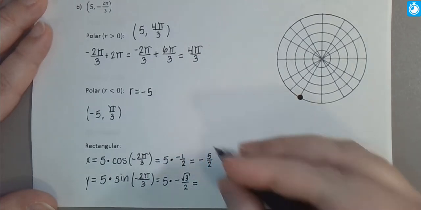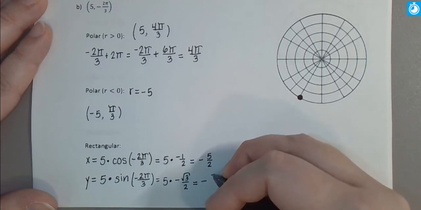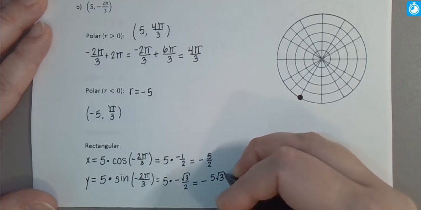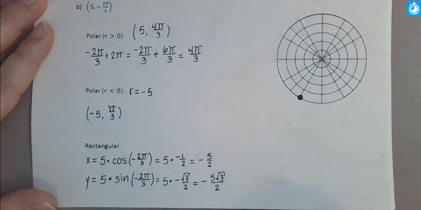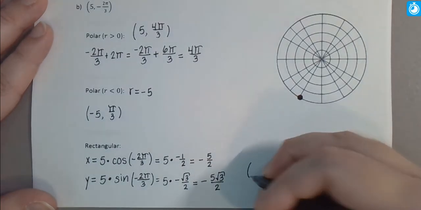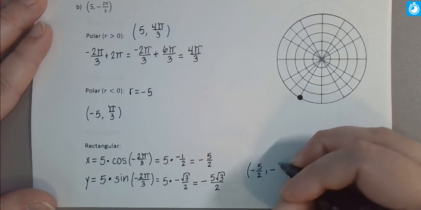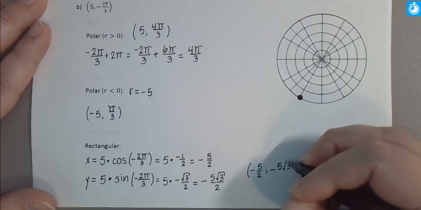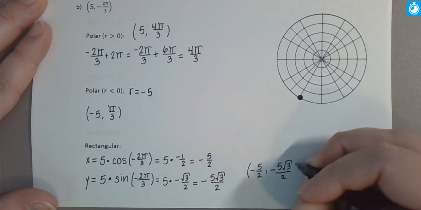And so we combine all of that together, and our y-coordinate is going to be negative 5 root 3 over 2. So our rectangular coordinates are going to be negative 5 halves, negative 5 root 3 over 2.